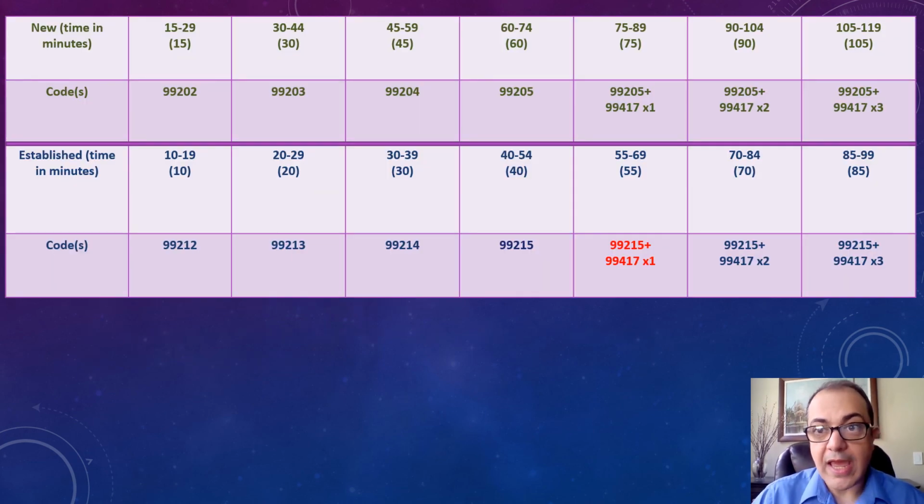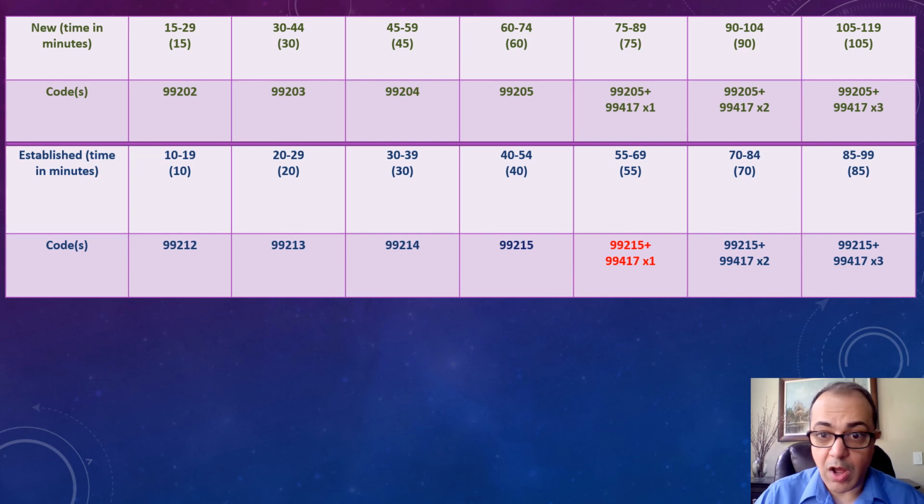Here, when you look at the time documentation, and remember this is an established case, so you're looking at the second half of that table, the lower half of that table basically, and you spent 60 minutes, so that goes in that interval between 55 and 69, that gives you 99215 plus the code for prolonged visits, which is 99417.